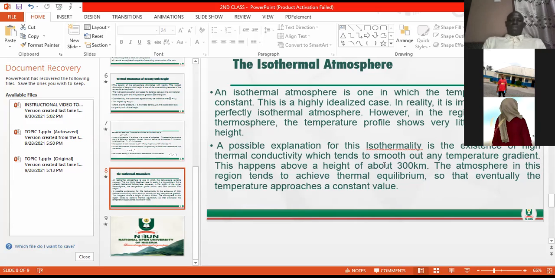We define isothermal atmosphere, and we now say that in reality, it cannot exist except at a particular height, about 300 kilometers. The atmosphere in this region tends to achieve thermal equilibrium so that eventually the temperature approaches a constant value. So I've been able to summarize at least the key points in that material.